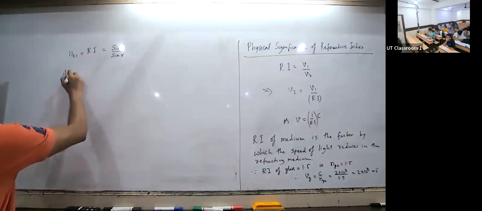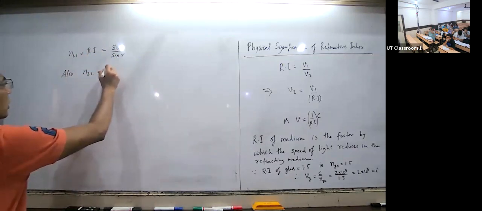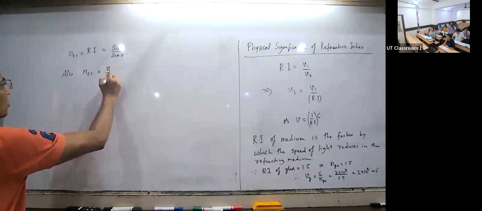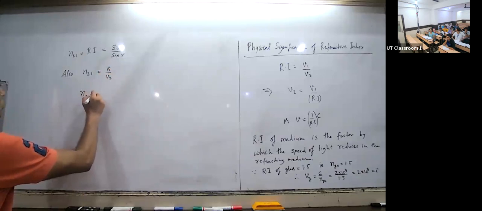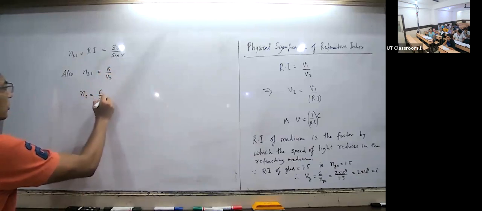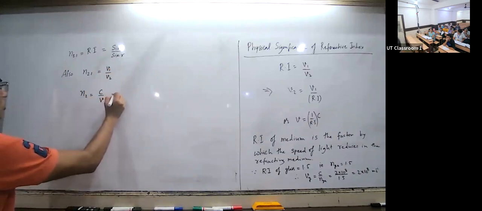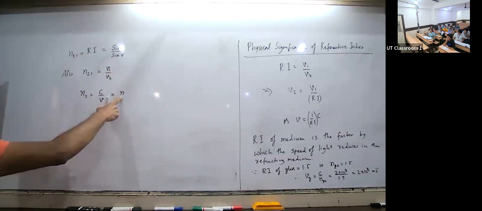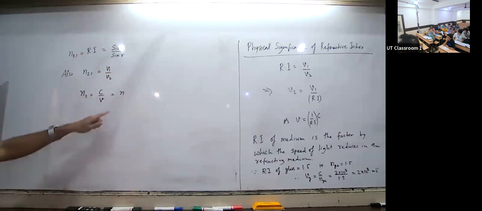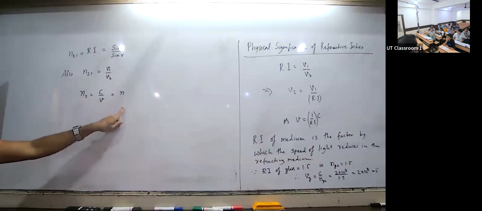Also, we have n21 is equal to v1 upon v2. Then we have n is equal to c by v. Sometimes, as I told you, when it is c by v, it is the refractive index of the medium, and we don't mention anything else. That means it is the absolute refractive index, the refractive index of the medium itself.